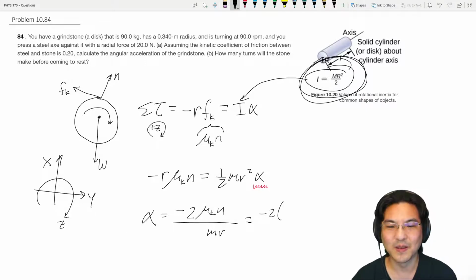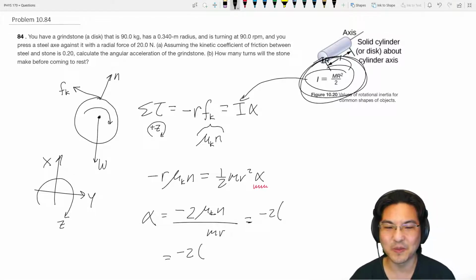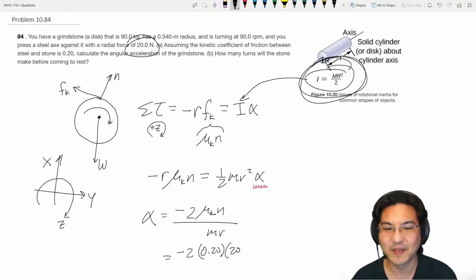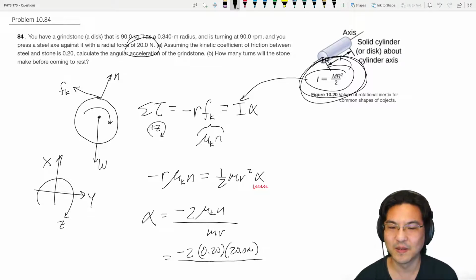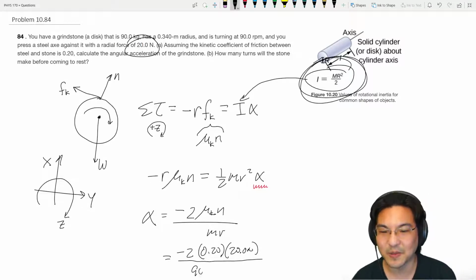So mu k was, let me write on the line below it, minus 2 times mu k, which is 0.2. The normal force was given as 20 newtons, over the mass, which is 90 kilograms.